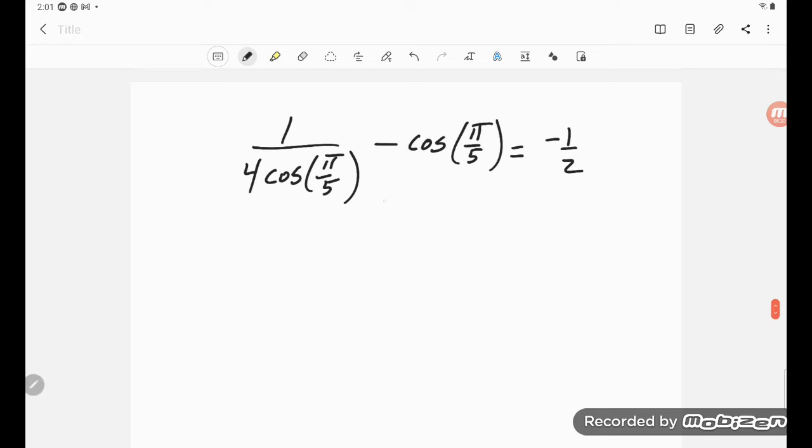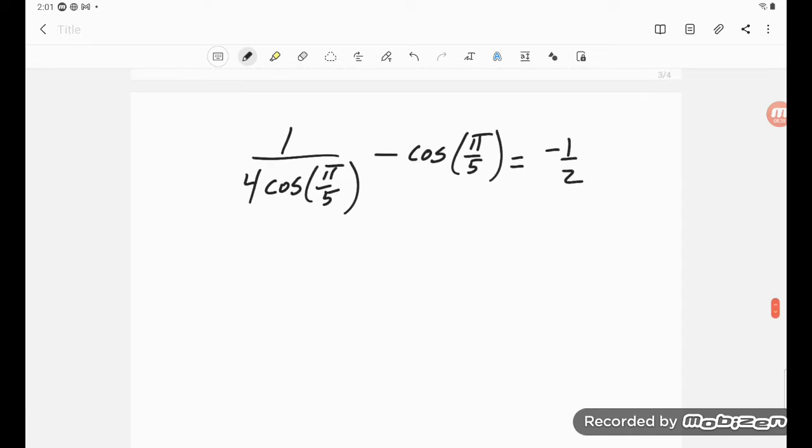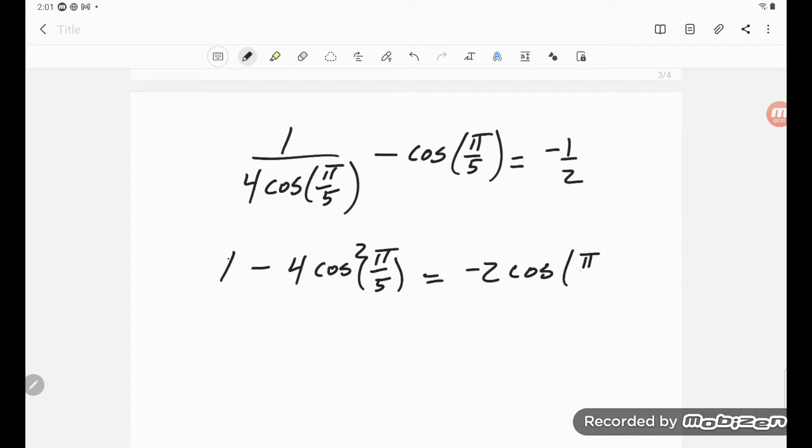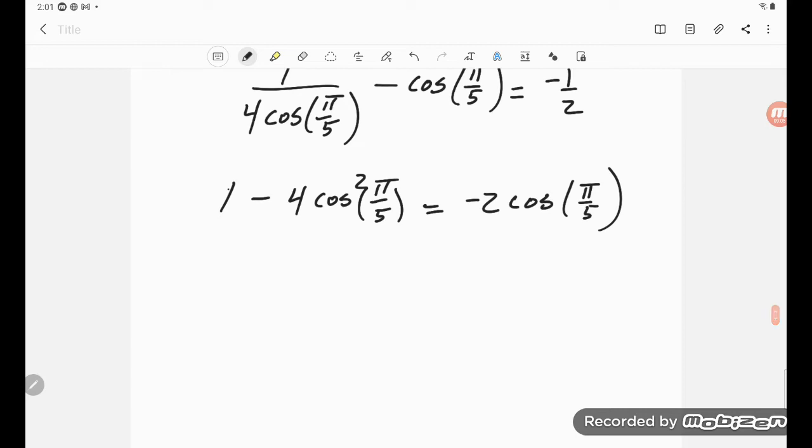So now it's a matter of solving a quadratic equation, because if I multiply through by 4 cosine pi over 5, I get 1 minus 4 cosine squared pi over 5 equals, let's see, minus 2 cosine pi over 5. So it's just a quadratic equation in that cosine, and I know cosine pi over 5 has to be the positive root.